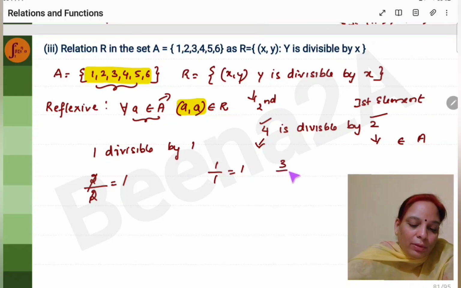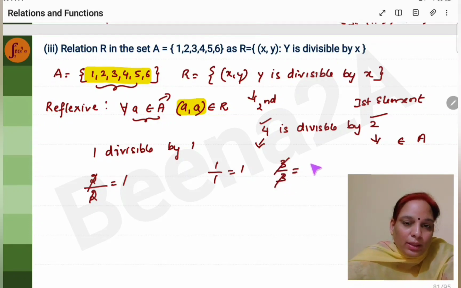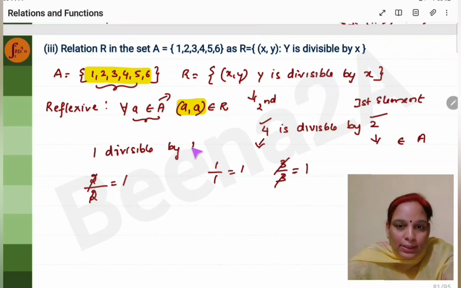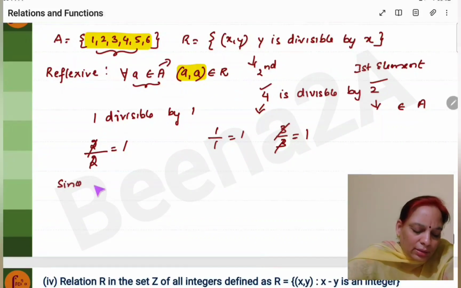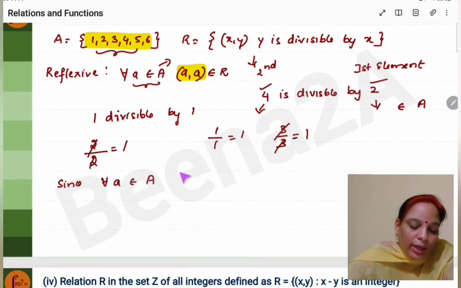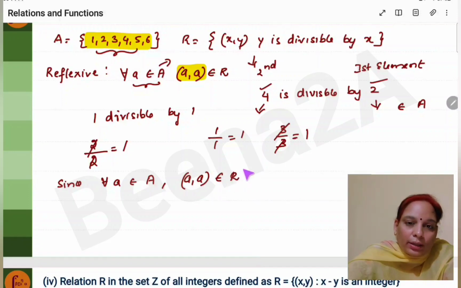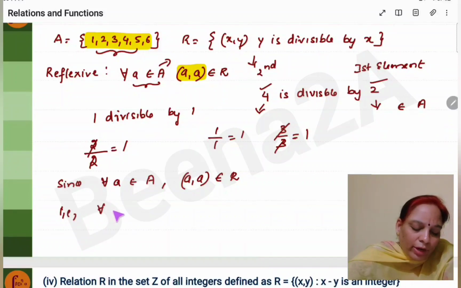Then is 3 divisible by 3? Yes, 3 is divisible by 3. So that way, every element is divisible by itself, right? So you can say, for all a that belongs to A, (a, a) belongs to R. That is nothing but, for every element a that belongs to A, you can write it as x because they've given it in terms of x, y, so we'll put x.